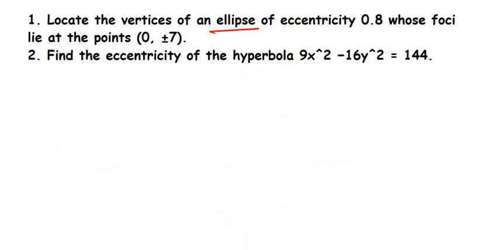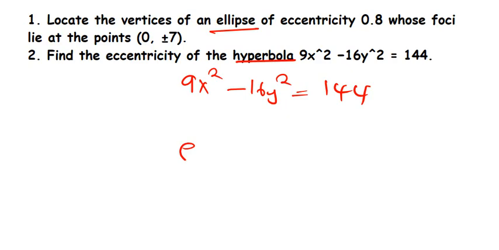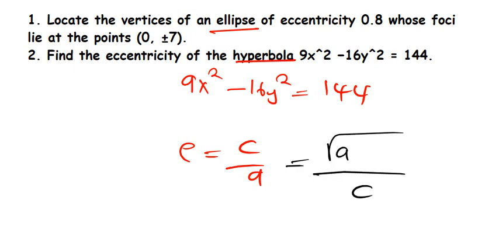I want to look at this one: find the eccentricity of the hyperbola. From looking at a similar question, I think now you have some courage, so pause the video and try this one out. This one they've specified is a hyperbola. Eccentricity is given as c over a. I already showed you how to find c, and I gave you a hint: since it's positive here and negative there, c is the square root of a squared plus b squared, and you expect it to be greater than 1.